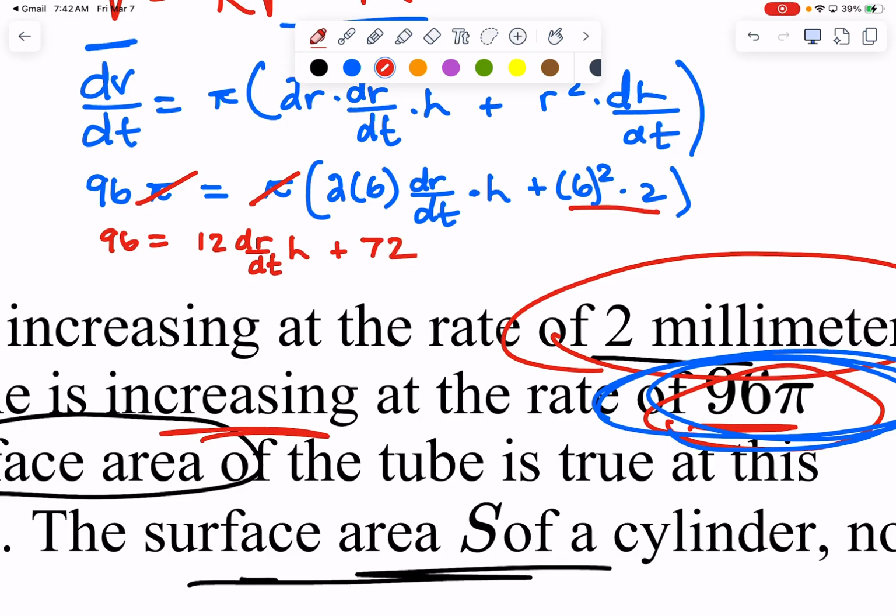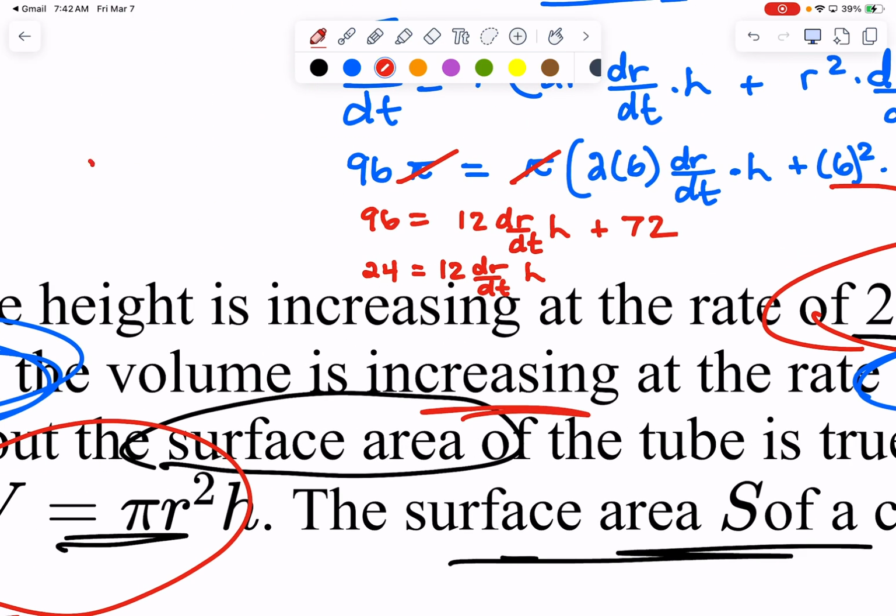Is that correct? And then if I subtract 72, that'll give me 24. So I have 24 is equal to 12 dr/dt h, which means dr/dt times h is going to be equal to 2.